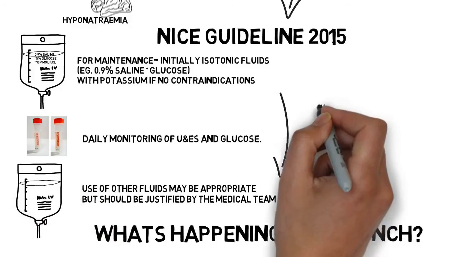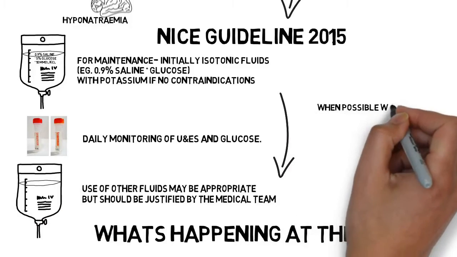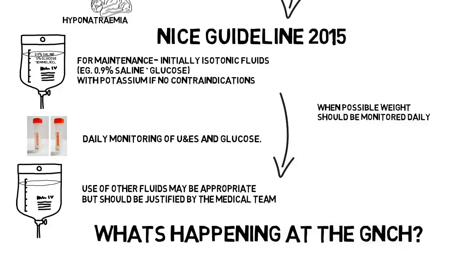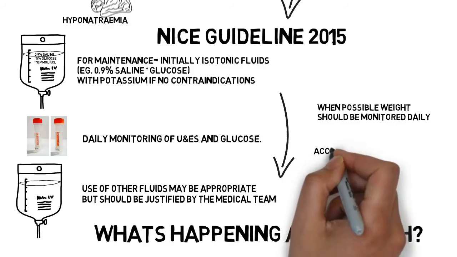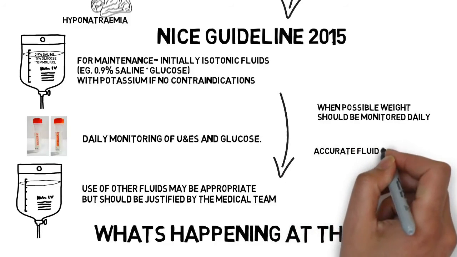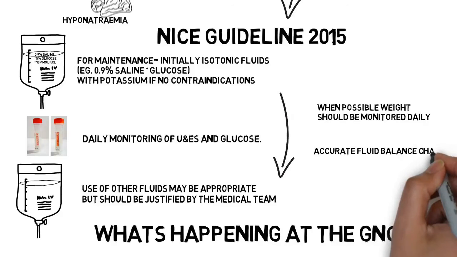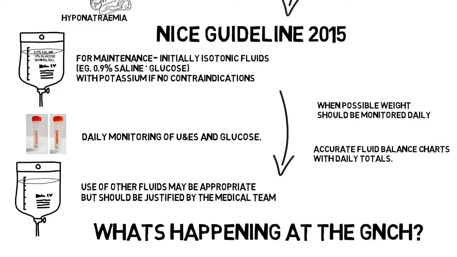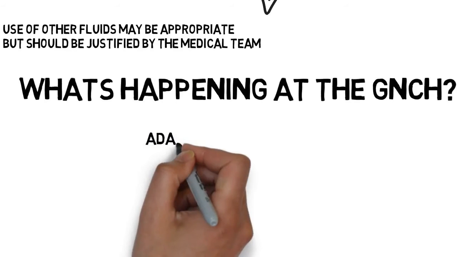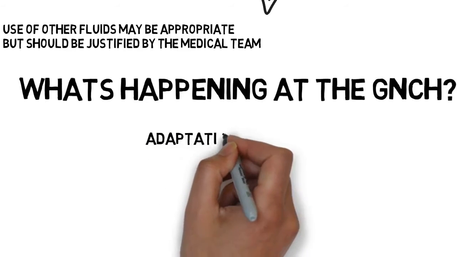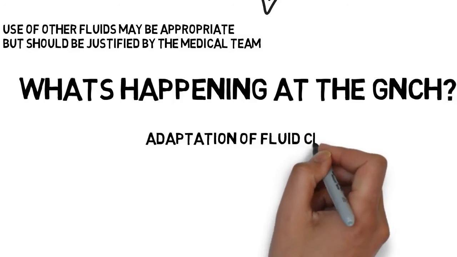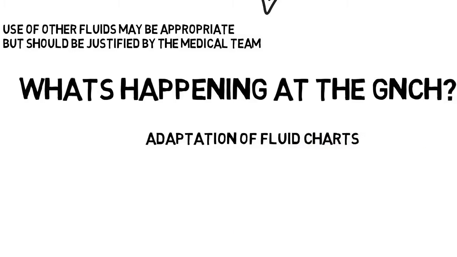Unless deemed clinically inappropriate, weight should be monitored daily and any changes noted. Fluid balance charts should be updated with running totals and also daily totals and overall fluid balance. As well as raising awareness through this video, we will also be adapting fluid charts to try and help keep within these guidelines.